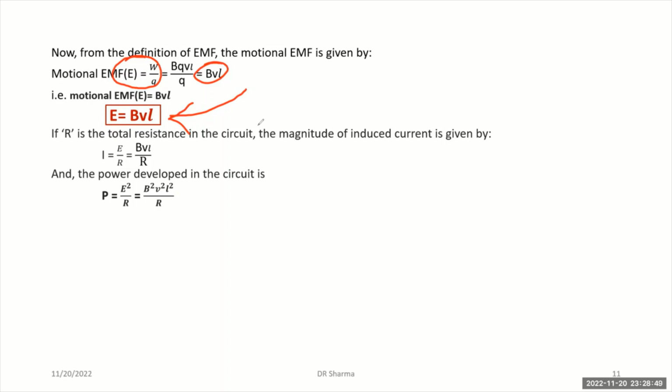And if R is the total resistance in the circuit, the magnitude of induced current, again using Ohm's law, is I equals E upon R, or BvL upon R. And the induced current may cause some loss of electric power in the form of heat. That is called Joule's power loss, which is given by E squared upon R, or B squared L squared v squared upon R.